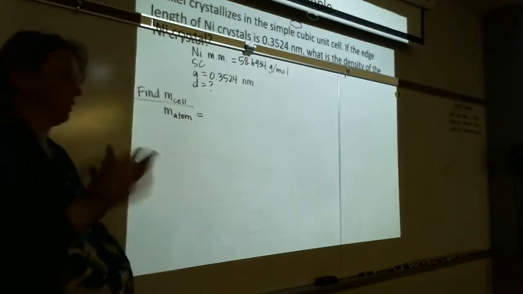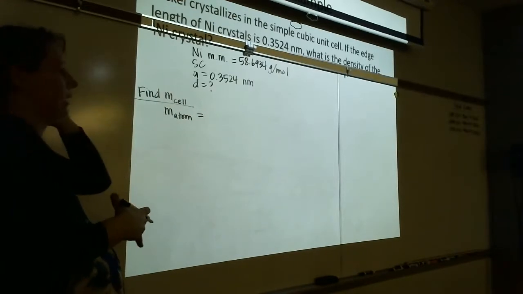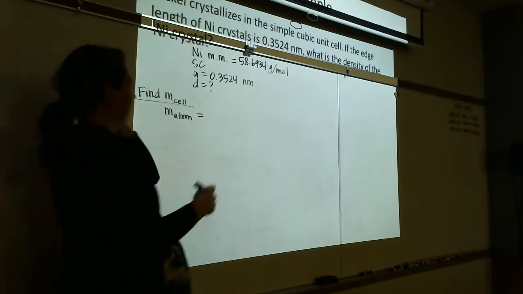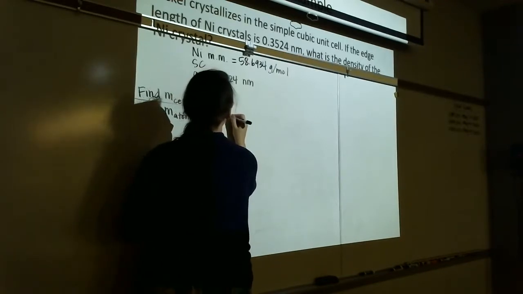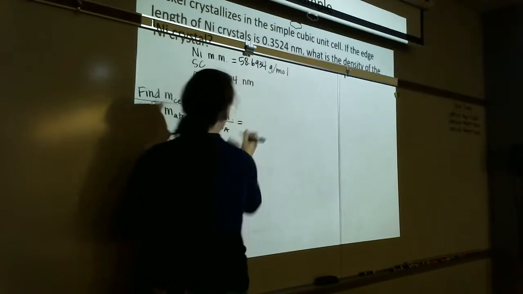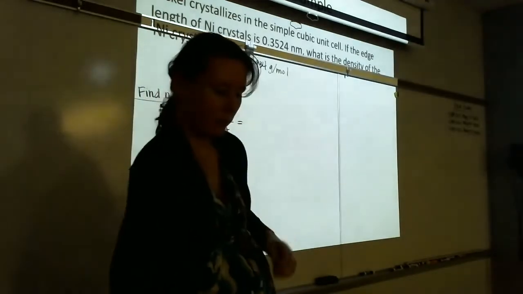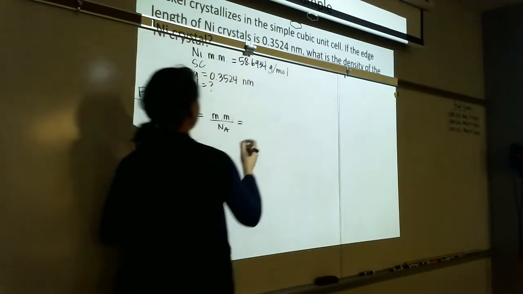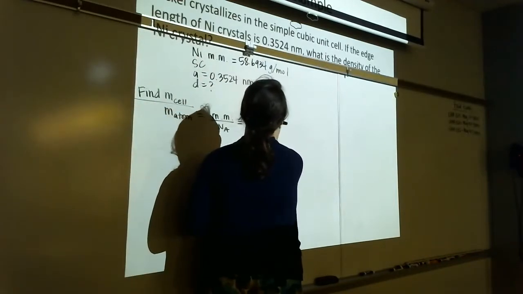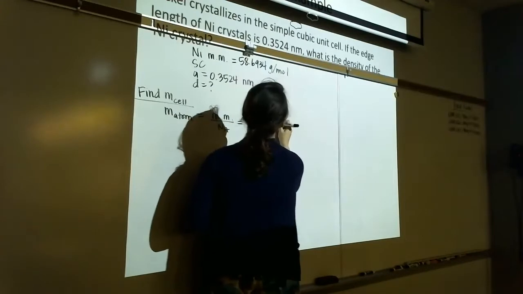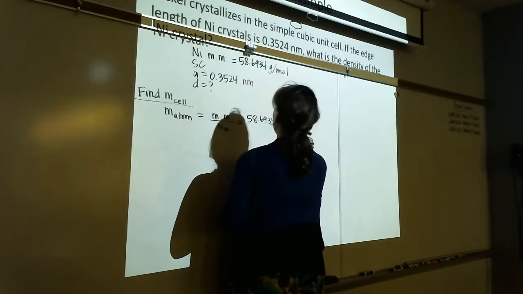We just learned how to do this in the previous type of problem. How do you get the mass of an atom? Molar mass over Avogadro's number, right? So molar mass is 58.6934 grams per mole.